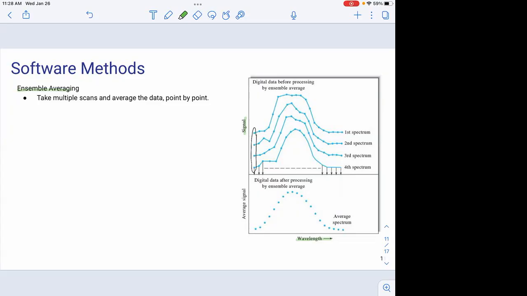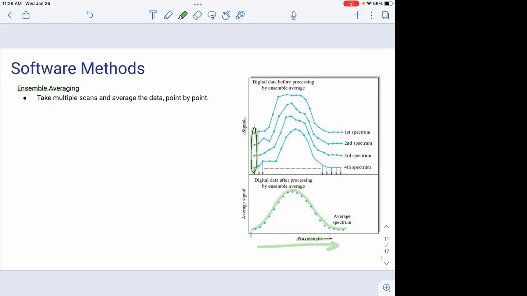This particular spectrum has a peak in the first third of the spectrum. If I take all of these measurements, this first set of dots that all took place at the same wavelength, and I average the signal, and I do that across the entire spectrum, I will end up with what we call an ensemble average spectrum.